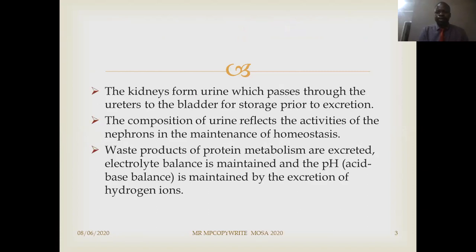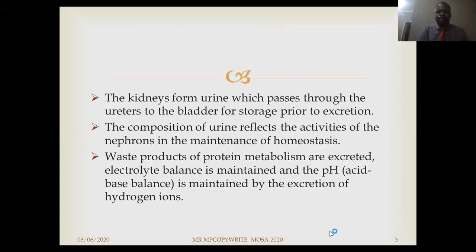As a result, they cannot excrete enough urine, which explains why even the nitrogenous waste which is being filtered is being removed through the urine. Waste products of protein metabolism are excreted.